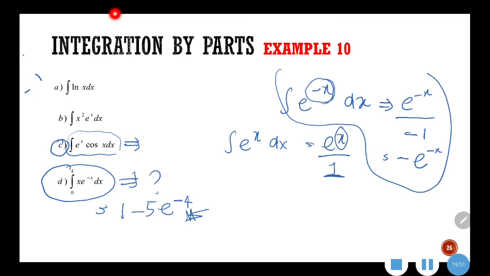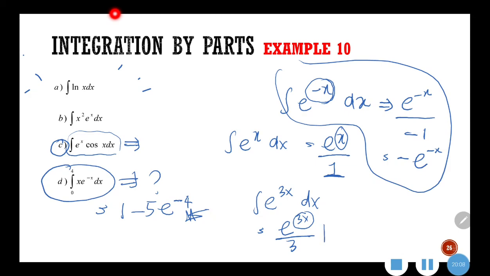Sama juga kalau ada soalan tu integration of e to the power of 3x dx. So what you will get is e to the power of 3x over 3. The power tu we differentiate, kita bahagi. Okay. Actually you can solve this using substitution method. Ni shortcut. Okay. Instead of using substitution method, guna ni kita akan dapat e to the power of 3x over 3. Sebab kalau kita differentiate d dx of e to the power of 3x, apa kita buat?